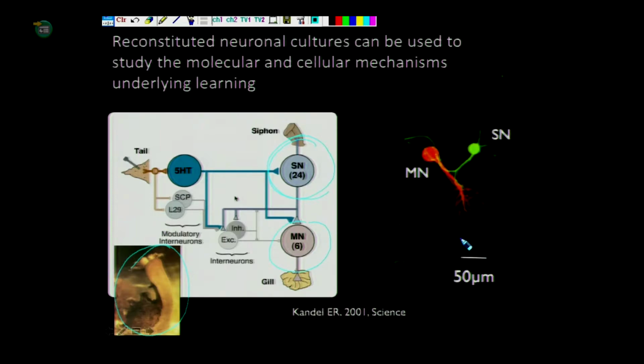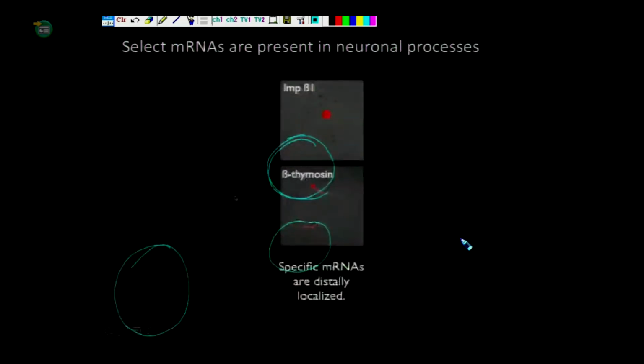Then what we can do, I have to back up one point. In this system, we find that some RNAs are restricted to the soma, but some RNAs are localized in the very distal sites of the sensory neurons. This is great.